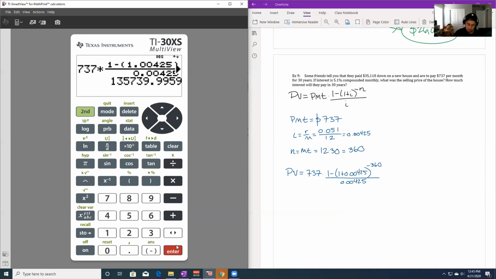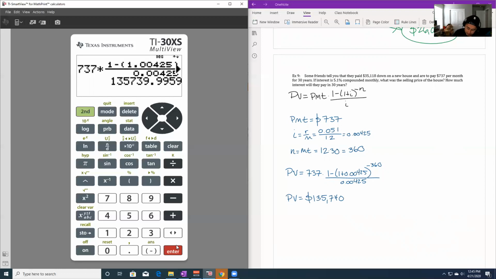Enter. And the present value of this house is 135,739.99. Or let's round, which means this will be 135,740 bucks. But this was after down payment.